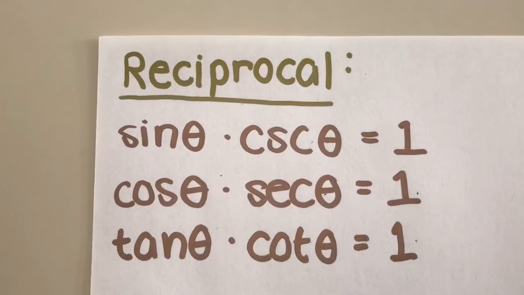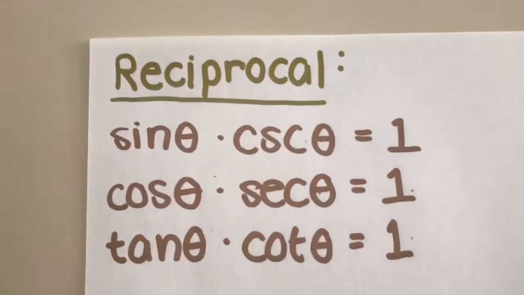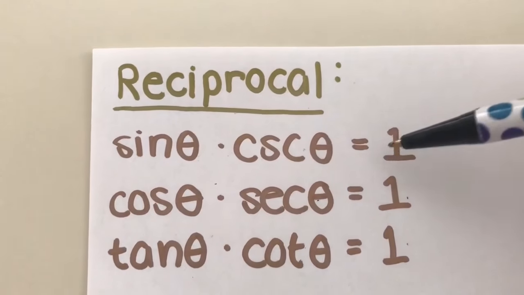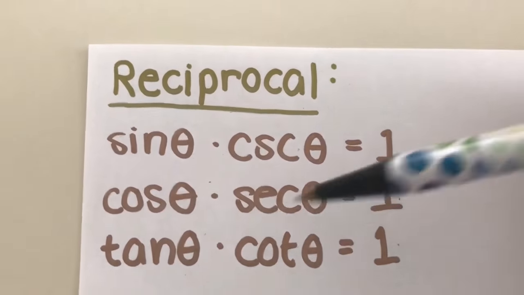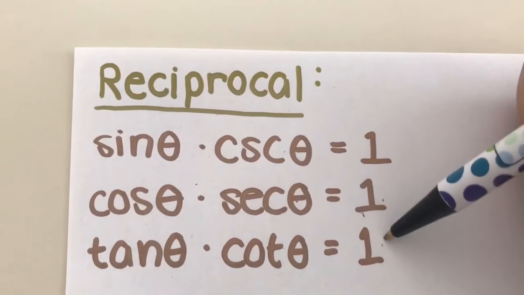The first trig identity we're going to be talking about is the reciprocal identity, which states that sine of theta times cosecant of theta equals 1, cosine of theta times secant of theta equals 1, and tangent of theta times cotangent of theta equals 1.